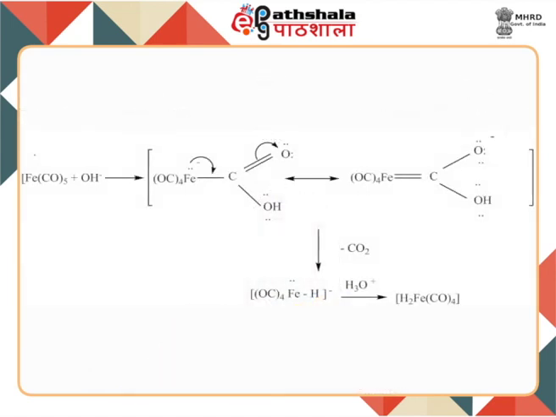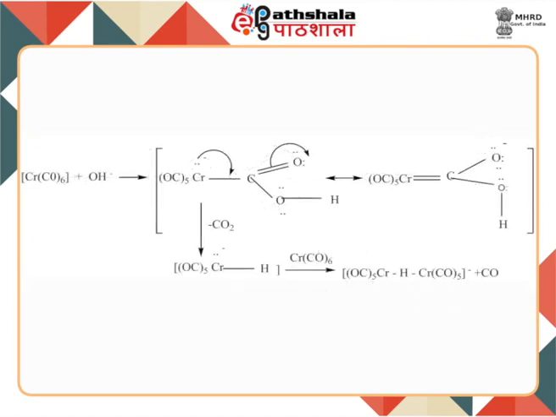Attack by hydroxyl ion. The attack on coordinated CO by hydroxide ions produces metal carboxylic acid, which is unstable and loses CO2, forming metal carbonyl hydride anion. The latter produces neutral metal carbonyl hydride on acidification.